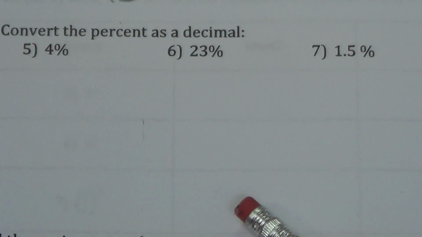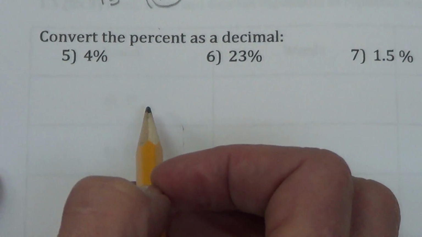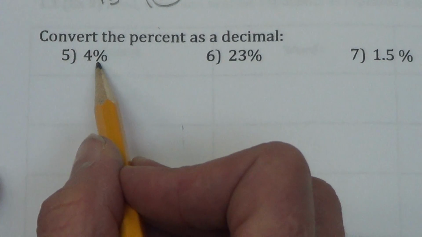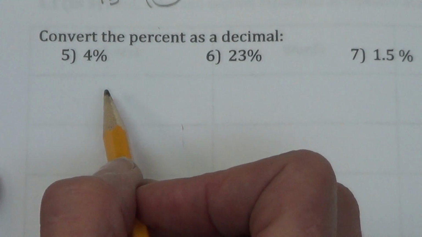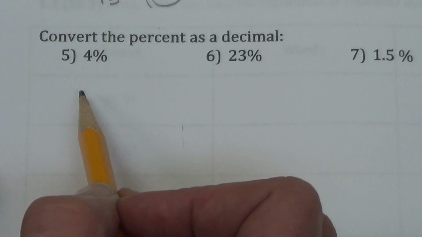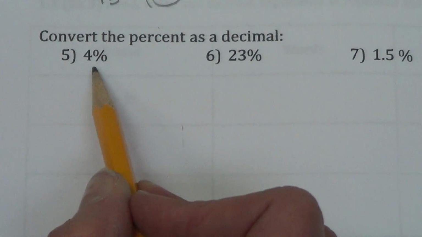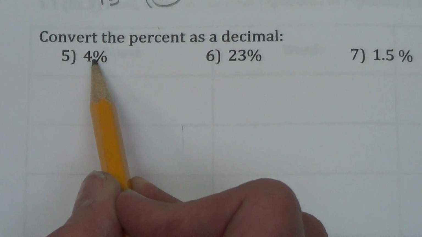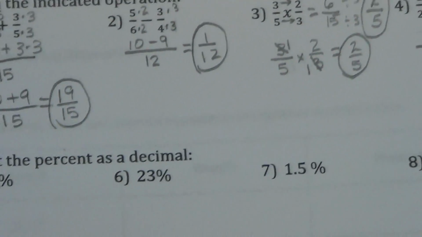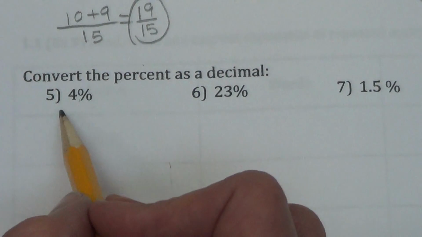Okay, to convert a percent to a decimal, it's really important for all purposes that you understand what you're doing. A lot of students will just say you just move the decimal, but you need to understand for purposes of standardized tests, for explaining it to others, anything. Percent means per 100, as we wrote up above. That means 4% means 4 per 100.